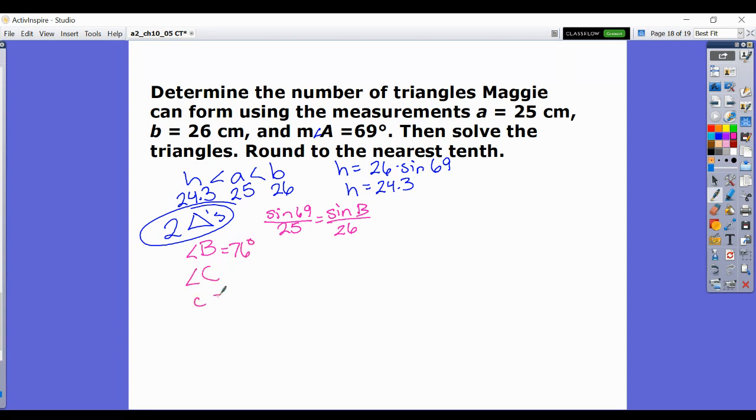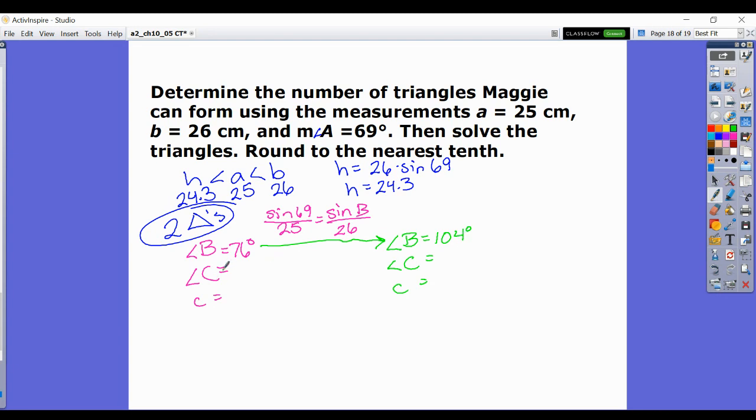Angle C and side C, we can still find. Subtract from 180 and then set that up. While I'm at this step, I'm just going to come over here and start solving the other triangle as well. And I can do that because I know if this is 76, then this is its supplement, so it's 104. So all you have to do is find that first angle B and then find the supplement and you're ready to go over here.